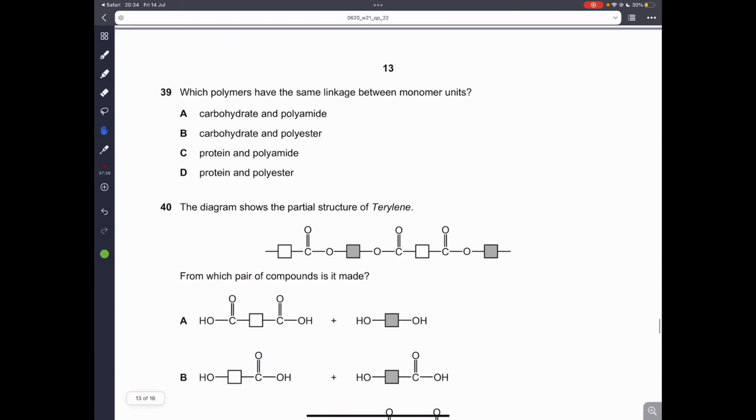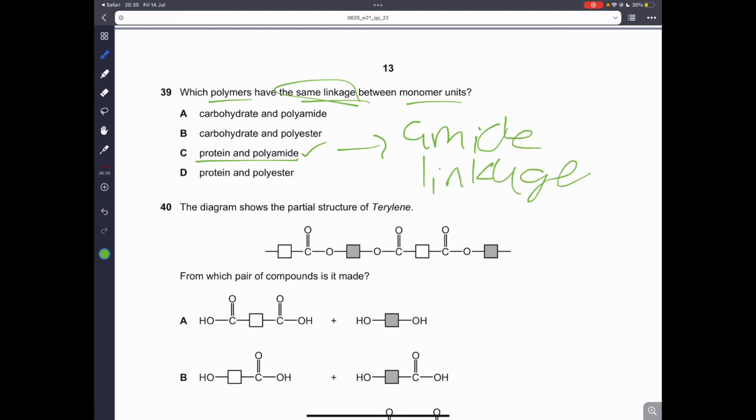39. Which polymers have the same linkage between monomer units? Okay. Well, this could be a protein and polyamide because they both have the amide linkage. And it could also be carbohydrate and polyester, because they both contain the ester linkage.